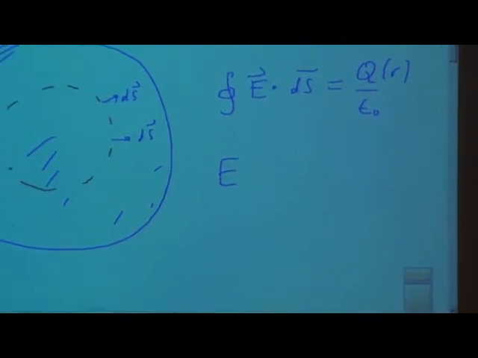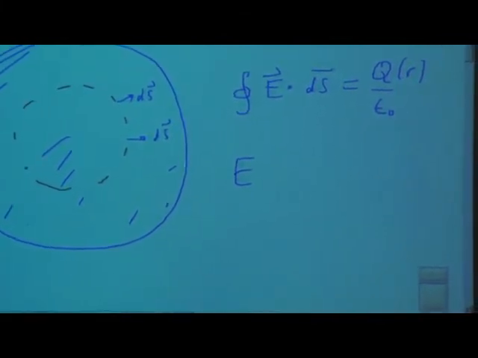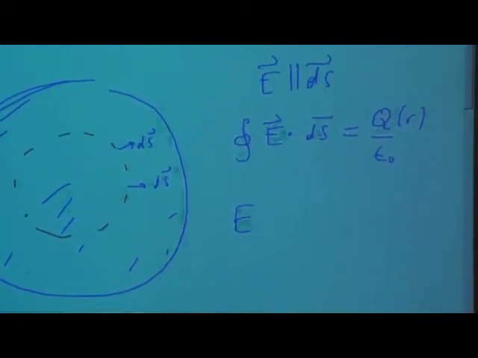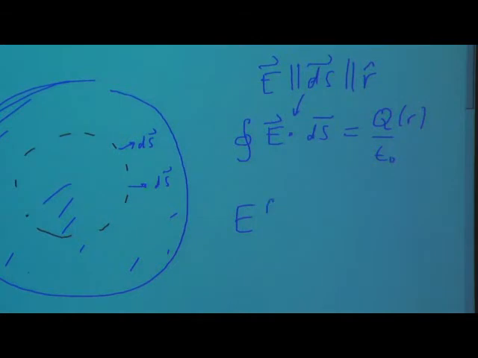So E dot ds is nothing but E times ds. Well, what is the surface area? It's 4 pi r squared. E times 4 pi r squared.